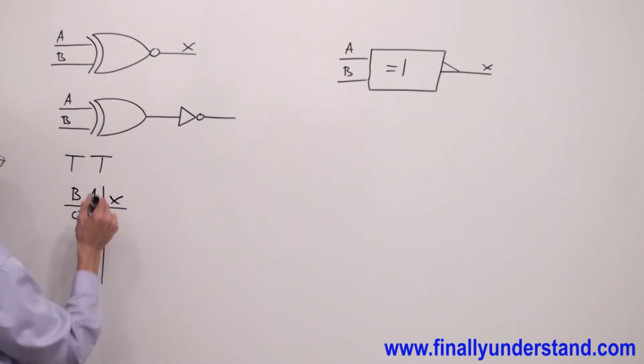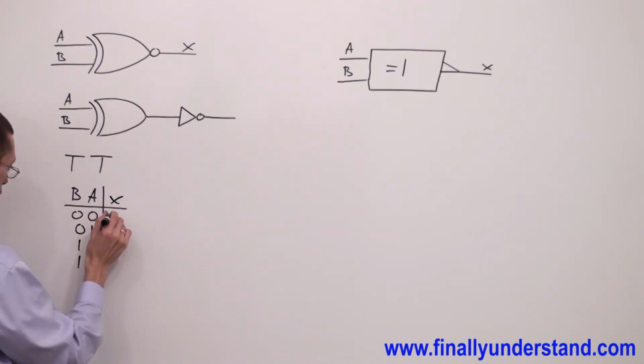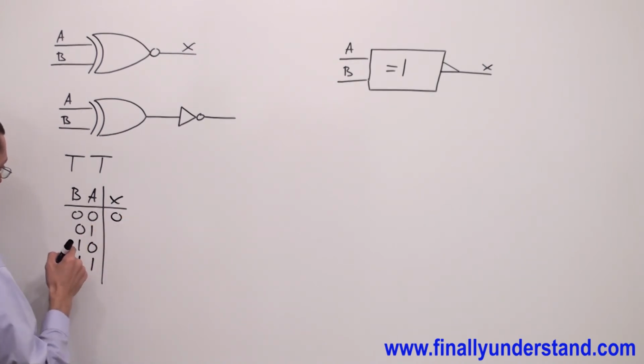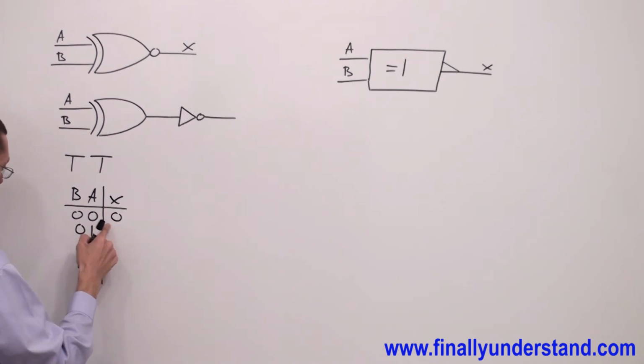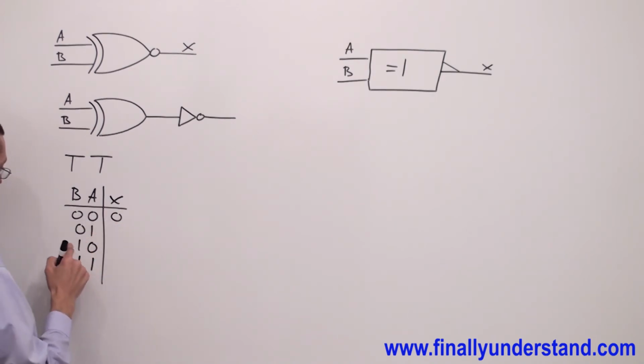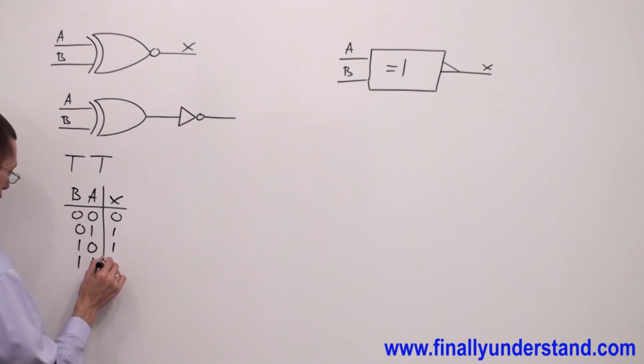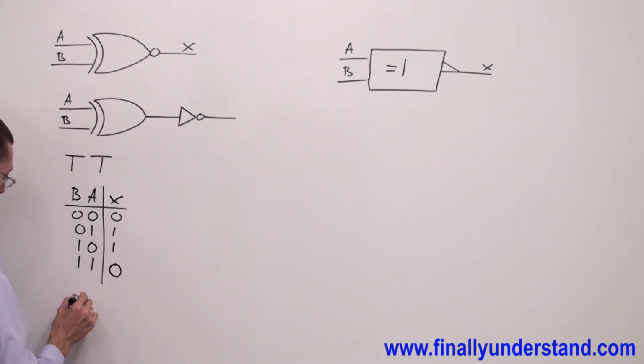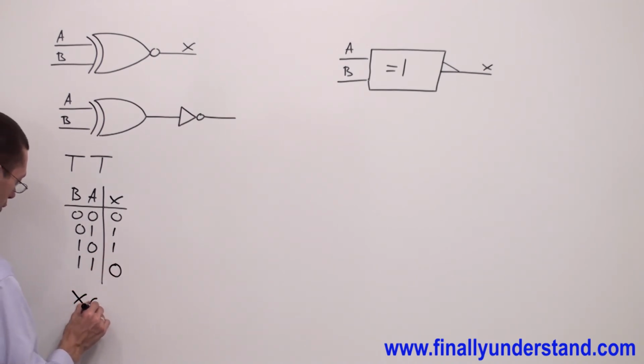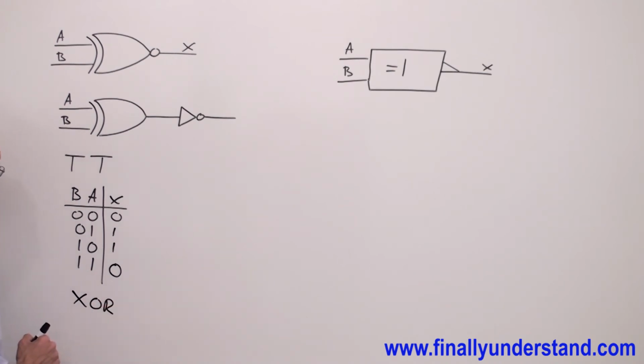Exclusive OR gate had the truth table, which was saying that anytime the logic levels at the inputs are the same, output is 0, and when the logic levels at the inputs are different, output is going to be high. This is exclusive OR gate truth table.